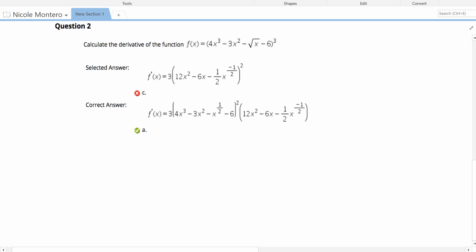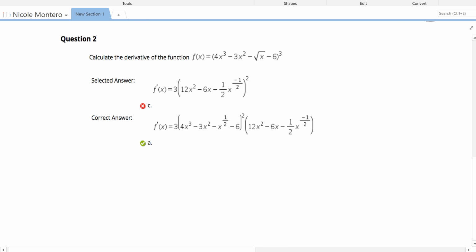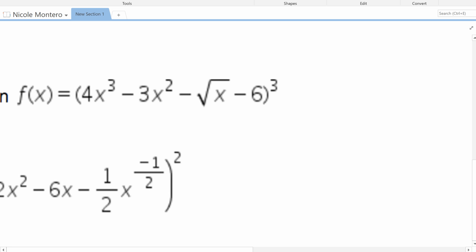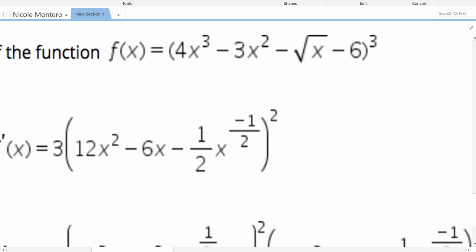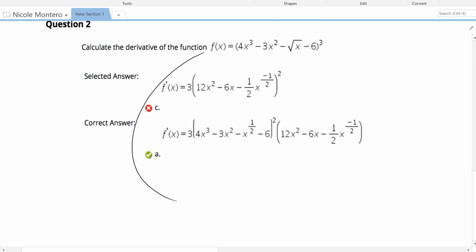Now we have a whole bracket there. I think you already know how to do the power rule. So we have a power which is 3. You see there's a bracket. This bracket is for all those terms, and for the derivative, you bring down the power.